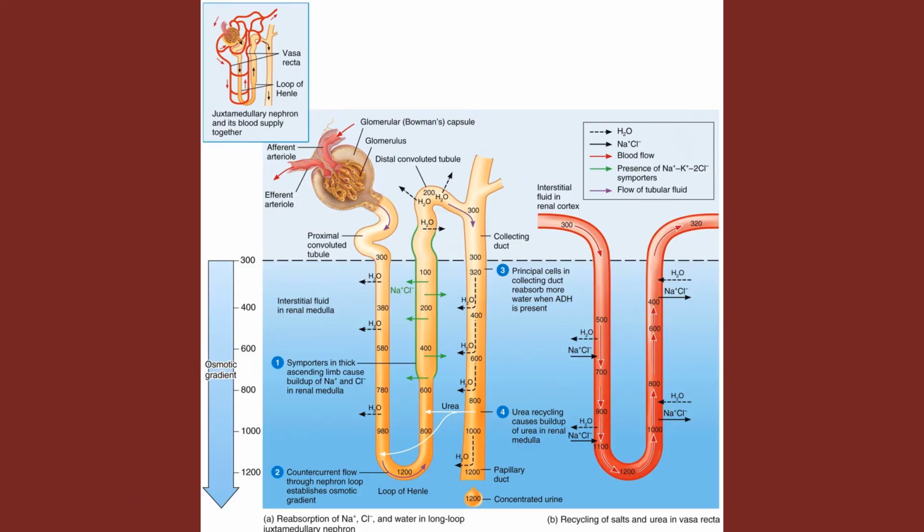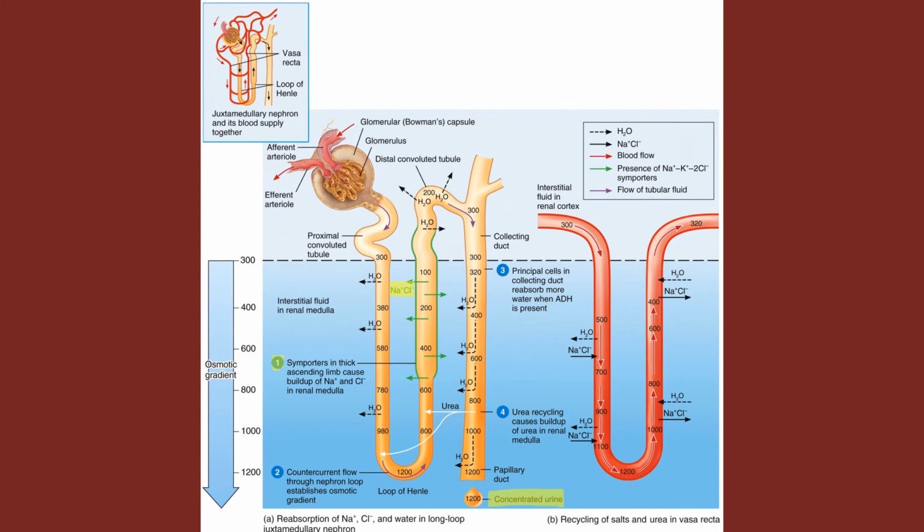In this diagram, we have the formation of concentrated urine. At the end here, we can see concentrated urine, and we're going to go over how it is created. First off, we're going to start over here at number 1. This is where the symporters in the thick ascending limb cells of the nephron loop cause a buildup of sodium and chloride in the renal medulla.